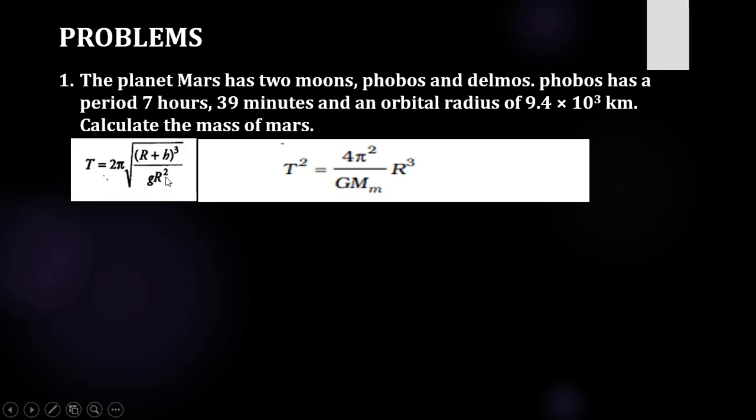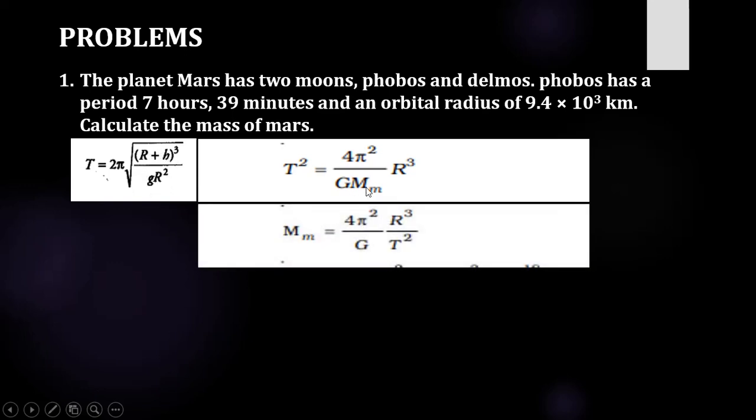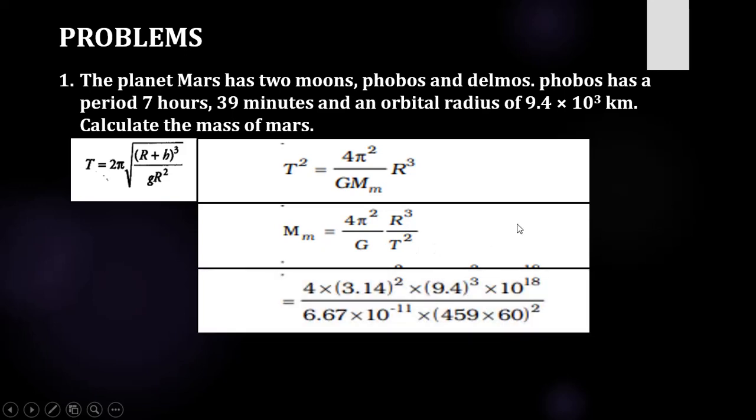If you write g R square, then I won't get any term related to mass. Then if you rewrite this equation, the mass of Mars M equal to 4 pi square R cube upon G T square, then you have to put all the values.